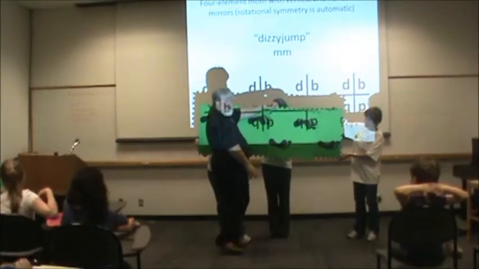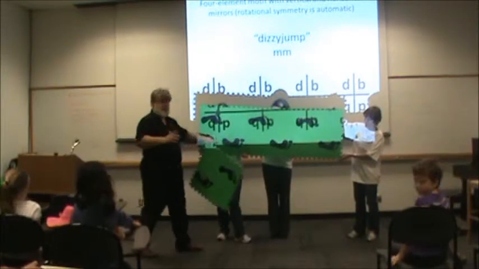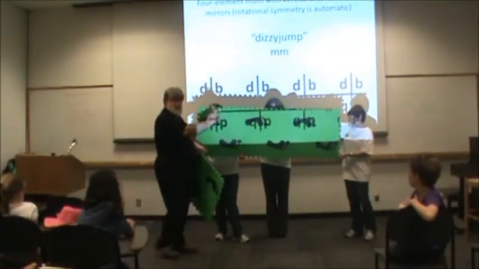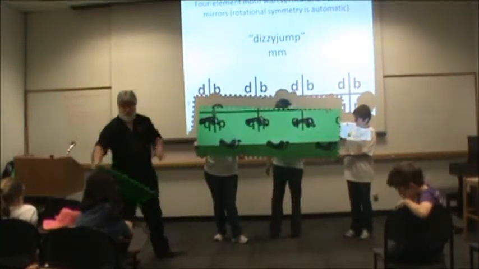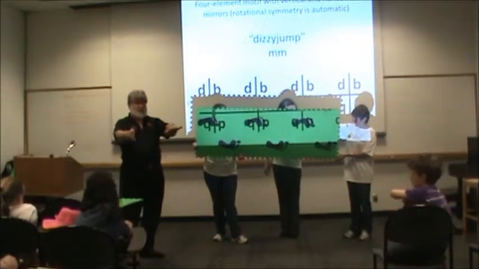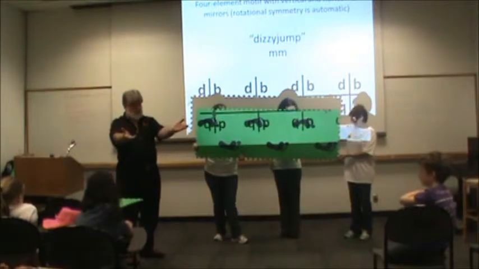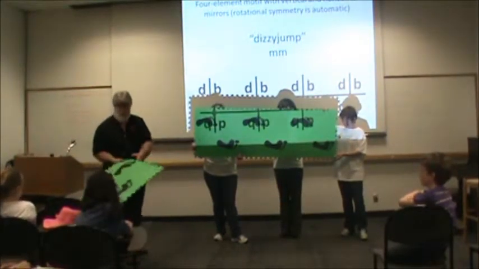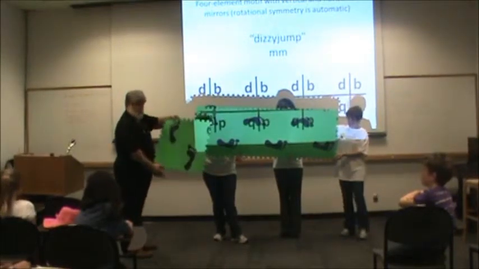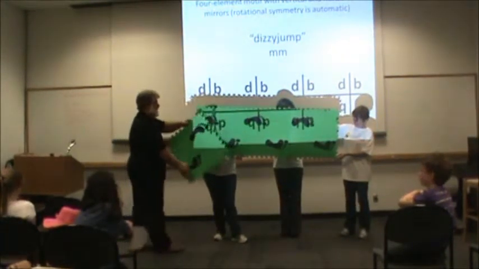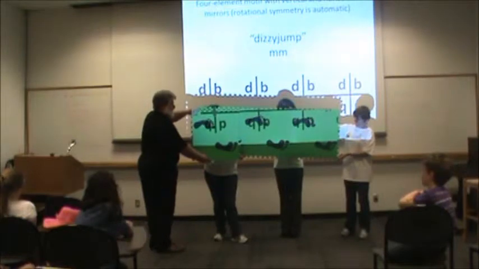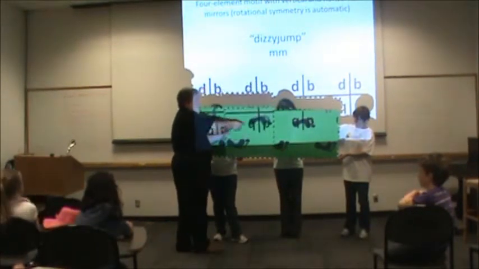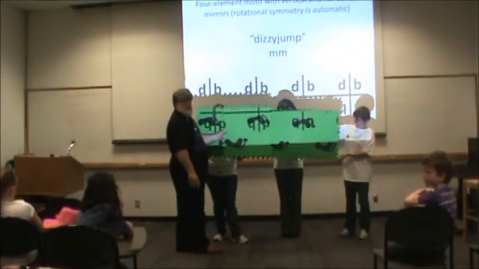Now, that is something that arises because we have both the symmetries of the tile by itself and the translation working together. Remember with our hands, we had left hand and right hand, and then we ended up with both. We had to do two things at once. So here we're taking the local, what's called the point symmetry of the motif, combining it with the translation symmetry of the frieze, and we get a new symmetry that shows up.